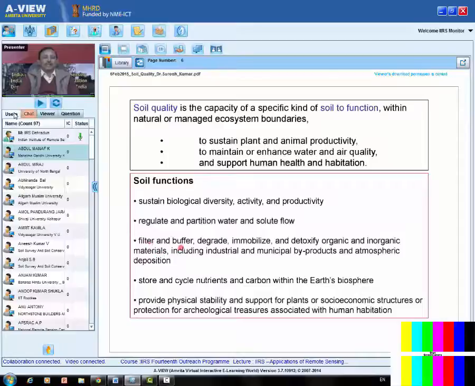Third is filter and buffer. Soil acts as a filter and a buffer to buffer, degrade, immobilize or detoxify organic matter and organic minerals. Suppose you are putting sewage or effluent water from the factories or from the nala; the soil works as a fine filter, and it absorbs the pesticides or other nutrients or other materials, organic residues within the system, and allows water to move into the groundwater.